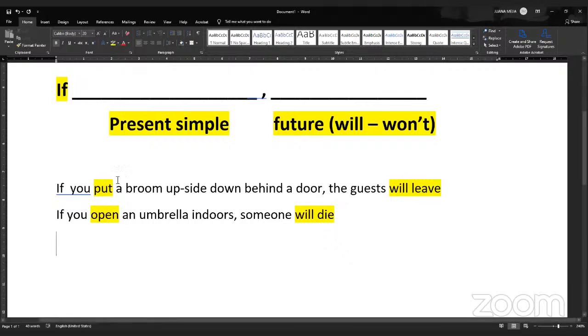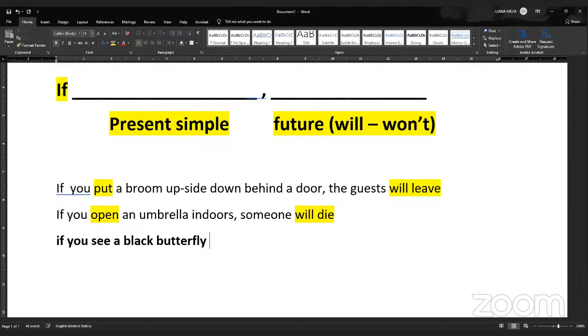Another one. If... okay, anyone who knows these superstitions?